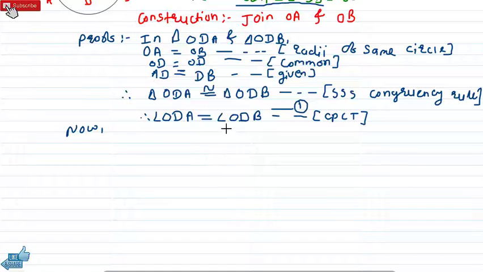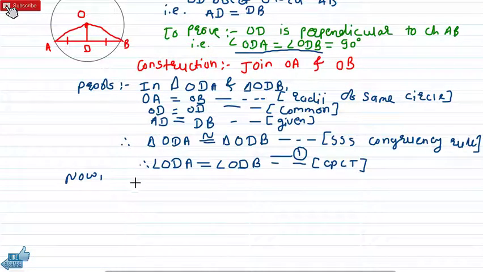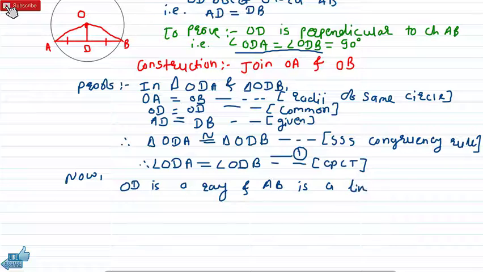OD is a ray and AB is a line. So whenever a ray stands on a line, the adjacent angles are linear angles, or we can say it's a linear pair. OD is a ray and AB is a line.